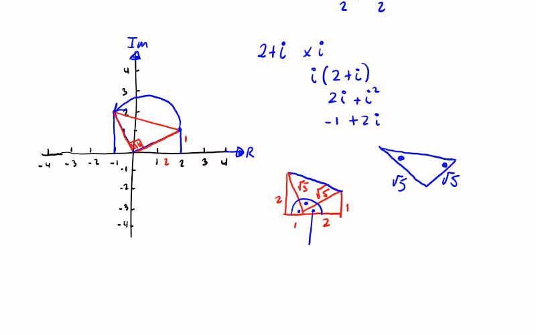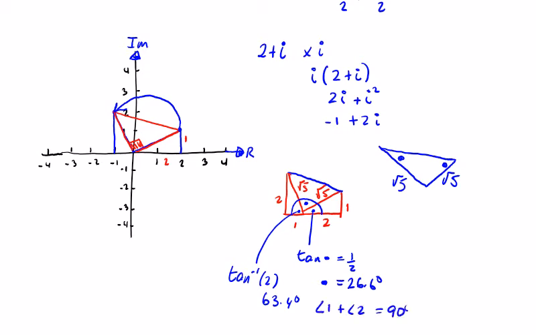The tan of this angle, I'll just call it dot, is equal to 1 over 2. So the inverse tan of 1 over 2 gives 26.6 degrees, rounded to one decimal. And the inverse tan of 2 is going to give me 63.4 degrees. So angle 1 plus angle 2 is equal to 90 degrees.